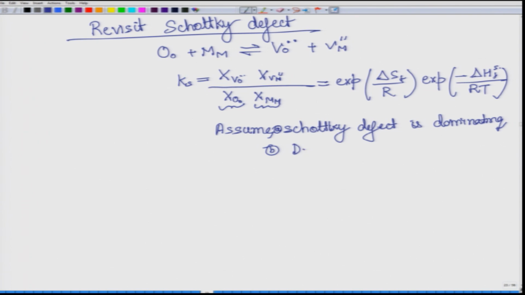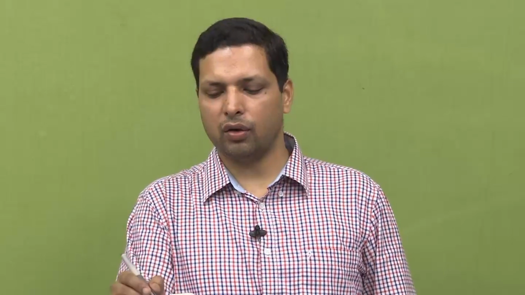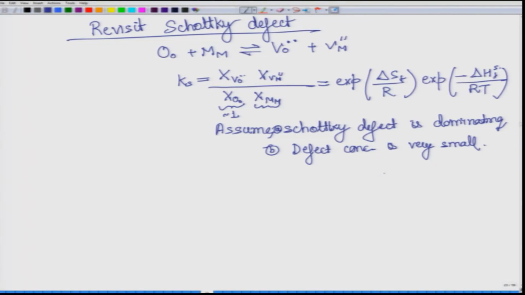The second assumption is that the defect concentration is very small. Why do we want to say that? Because in that case, we can say that the fraction of oxygen site on oxygen is approximately equal to 1. If there were too many vacancies, let us say 20% of oxygen sites vacant, then O on O would not be equal to 1, and it would be a lot more complicated and difficult to evaluate the fractions of VO and VM.